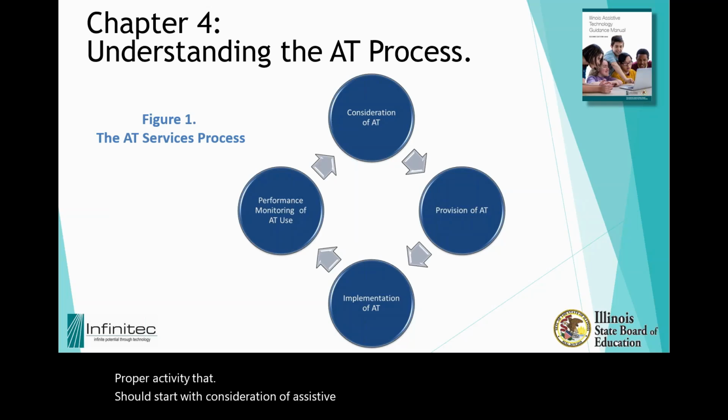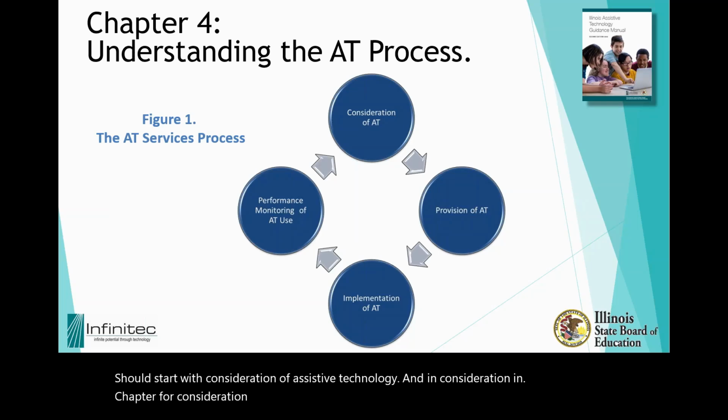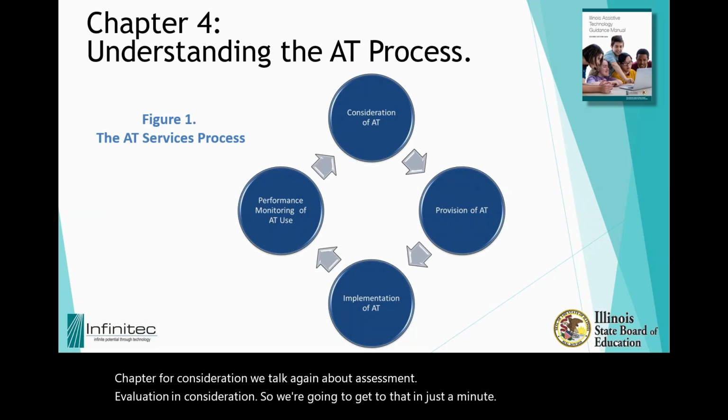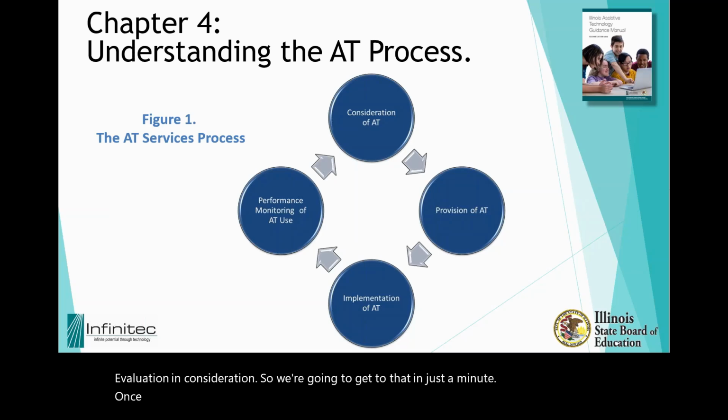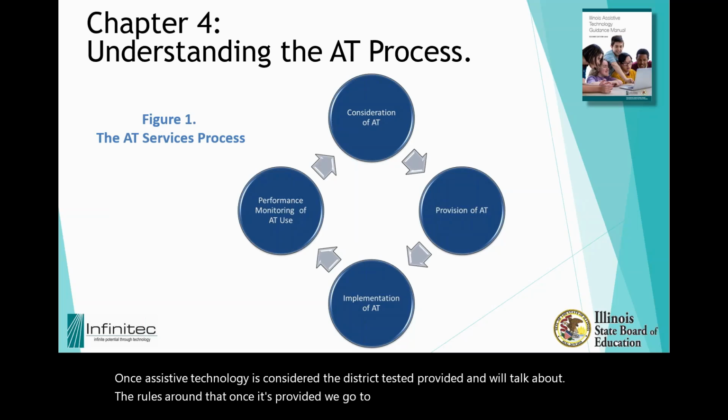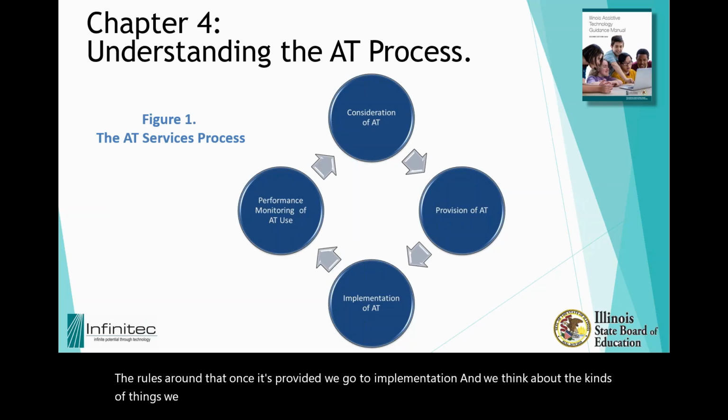And in consideration, in the chapter for consideration, we talk again about assessment, evaluation, and consideration. So we're going to get to that in just a minute. Once assistive technology is considered, the district has to provide it, and we'll talk about the rules around that. Once it's provided, we go to implementation, and we think about the kinds of things we need to do to make implementation successful.